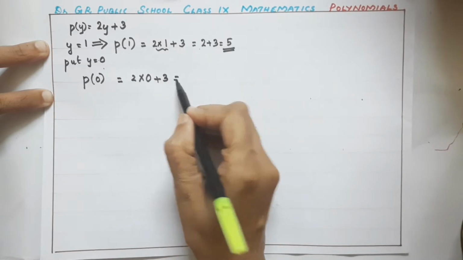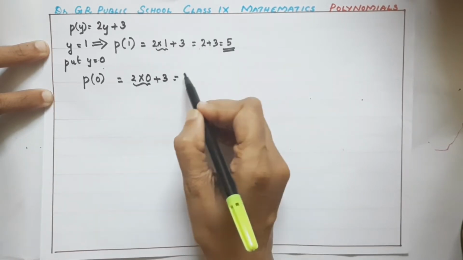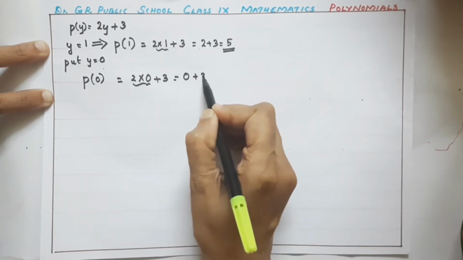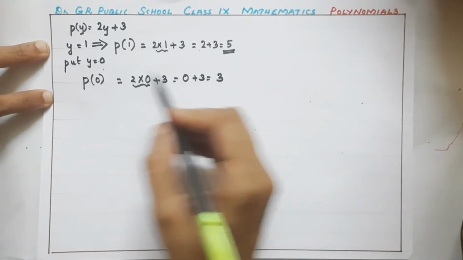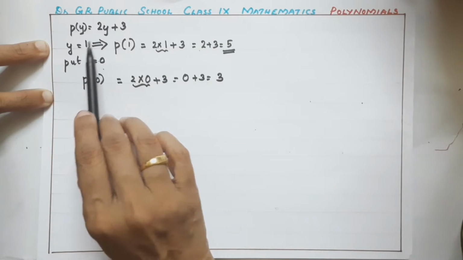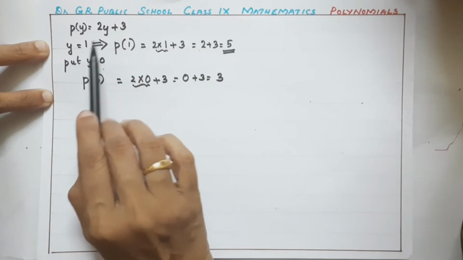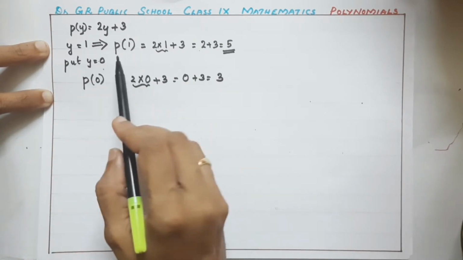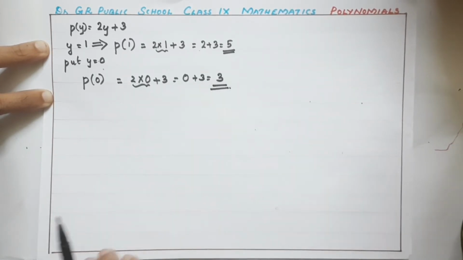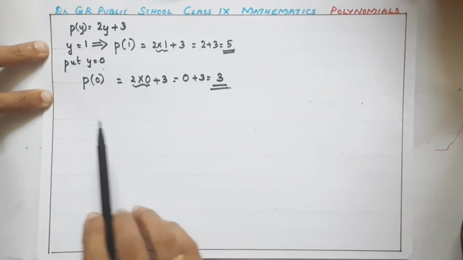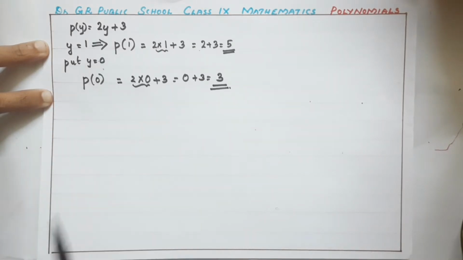What is it? 2 into 0 is 0. 0 plus 3 is 3. Okay children. So for different values of the variable, we are getting different values for the polynomial. And any real number can be given for this variable.